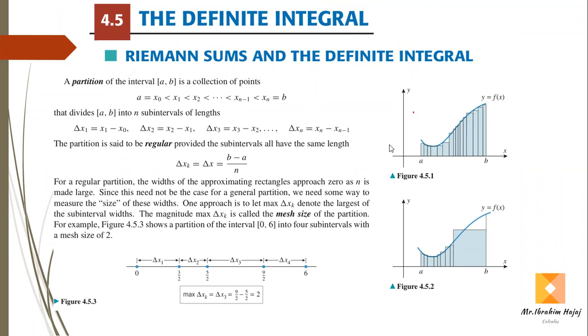As you see in this figure on the right, we have an area under the curve. And to find the area under this curve, we have to divide this area into small portions.